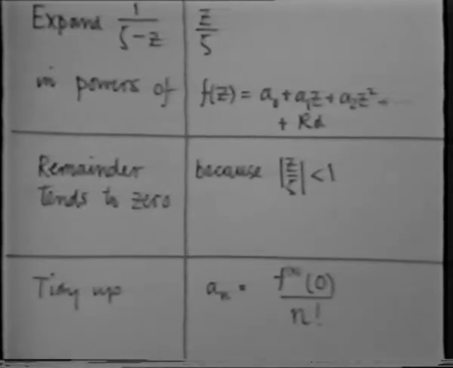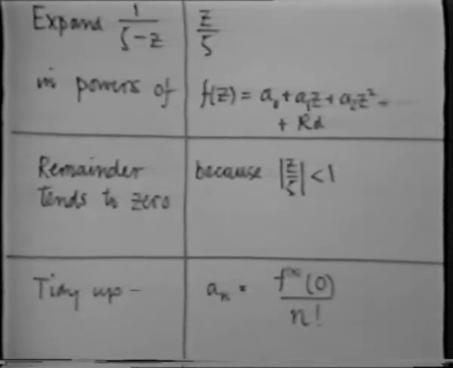The a's there, the coefficients, are complex numbers, but they're given in terms of integrals involving f around the contour C, the circle C. Then we have to show that the remainder tends to 0 as more and more terms are taken in the series. And that's a slightly complicated argument that involves the estimation theorem, you remember.